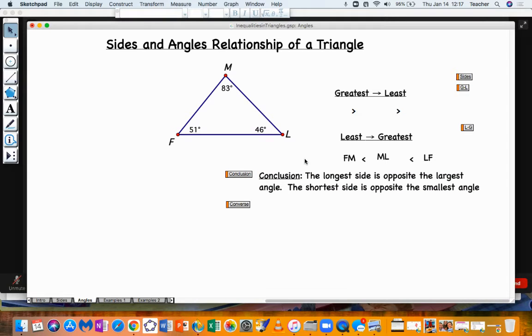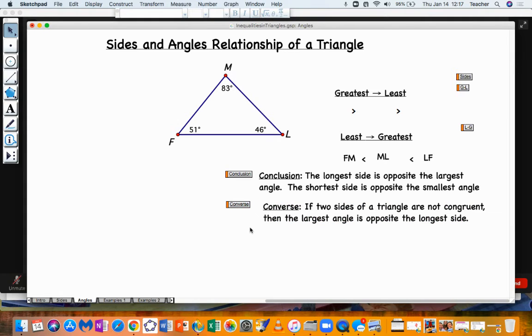But also the converse of that, which if you go back to conditional statements, we talked about converse. If we flip that, now understand this converse. If two sides of a triangle are not congruent, again, the sides and the angles are related. So if two sides are the same, that means two angles have to be the same.